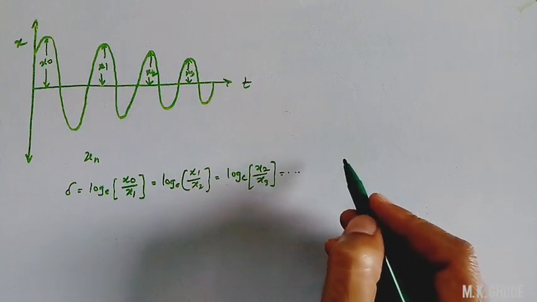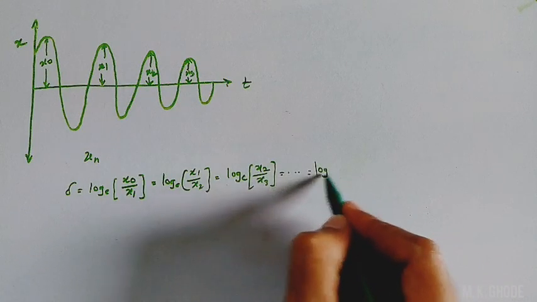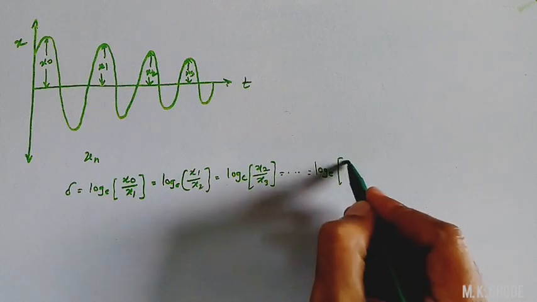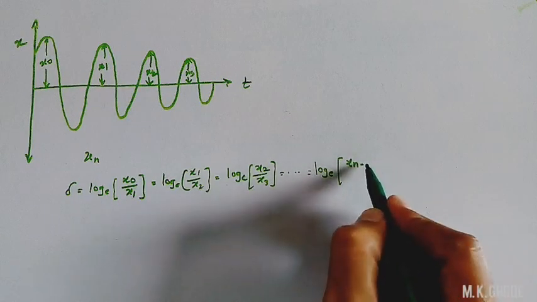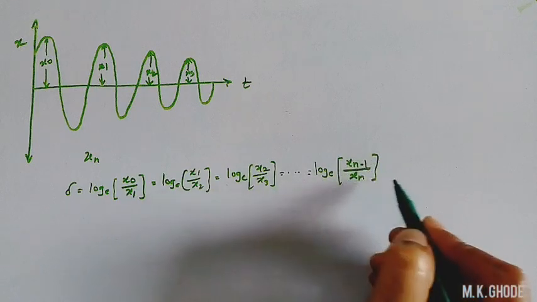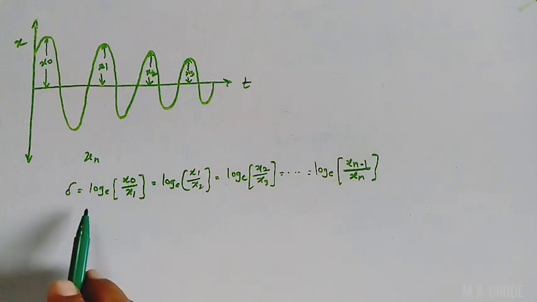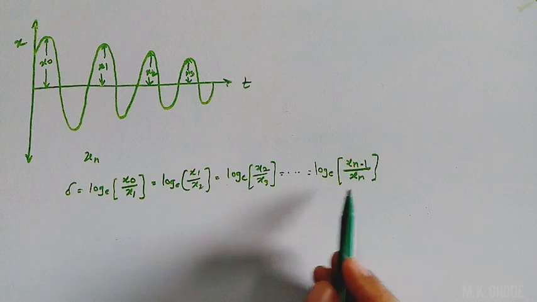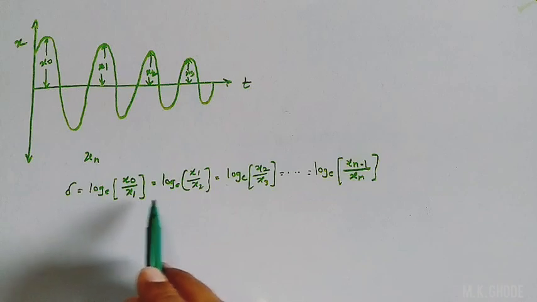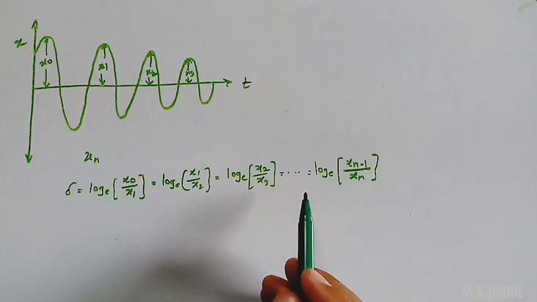So we can write this formula for the nth cycle as log to the base e of xn minus 1 upon xn. So for n number of cycles, we have written the formula for this logarithmic decrement.